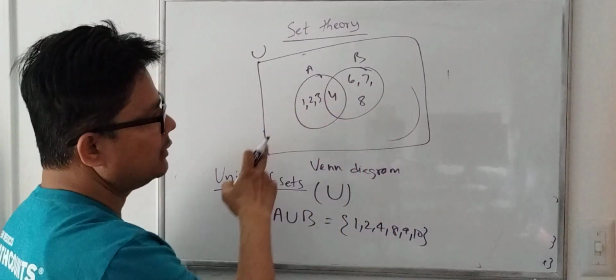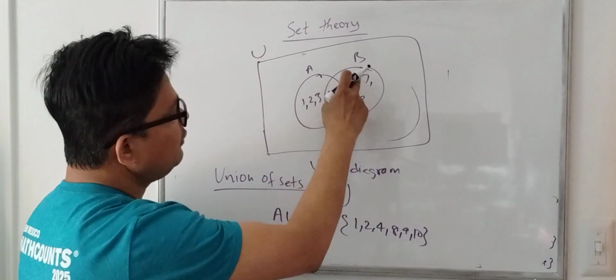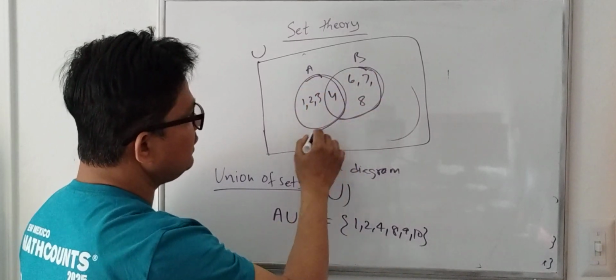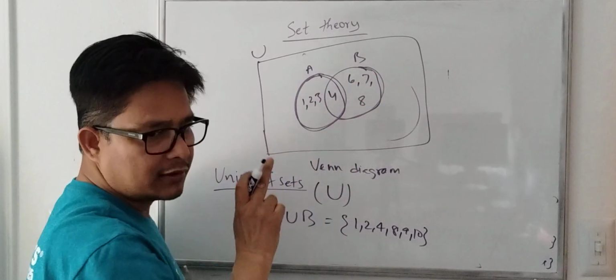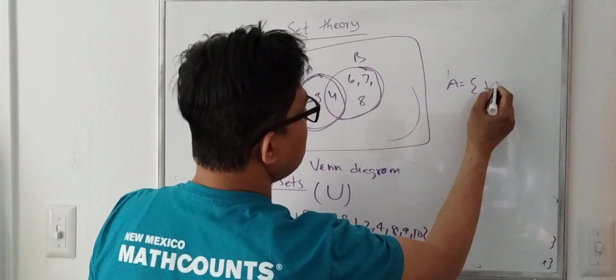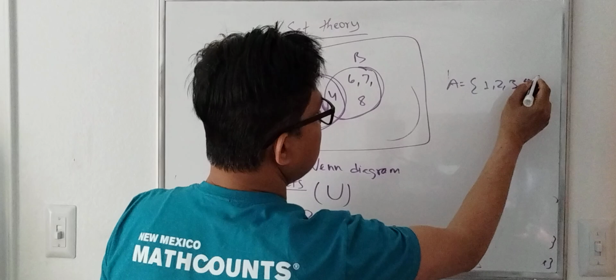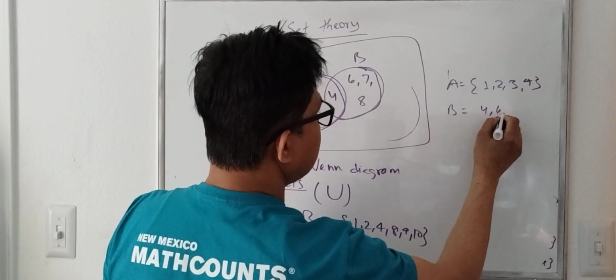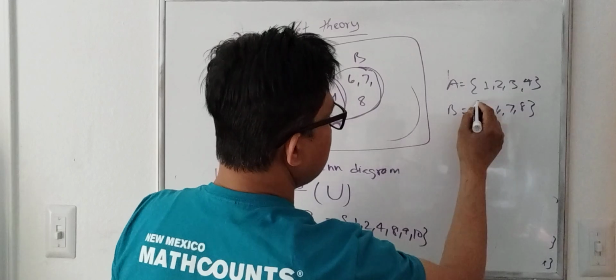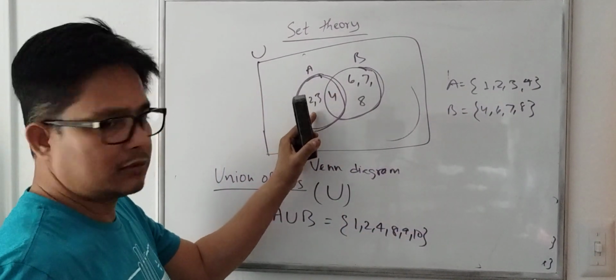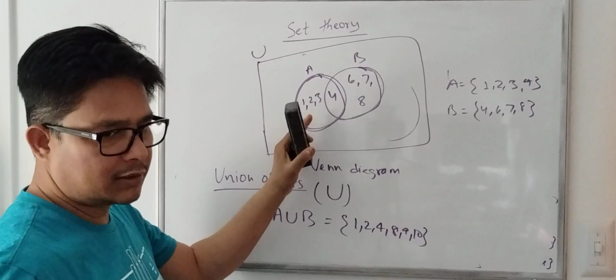So what do you see here? 4 is inside circle B and inside circle A. So 4 is present in both A and B. How can we write here? A is 1, 2, 3, 4, and B is 4, 6, 7, 8. Okay? Got it? This is the meaning of this representation.